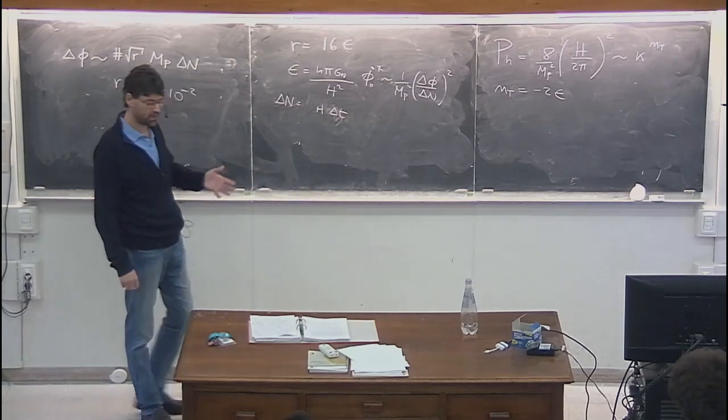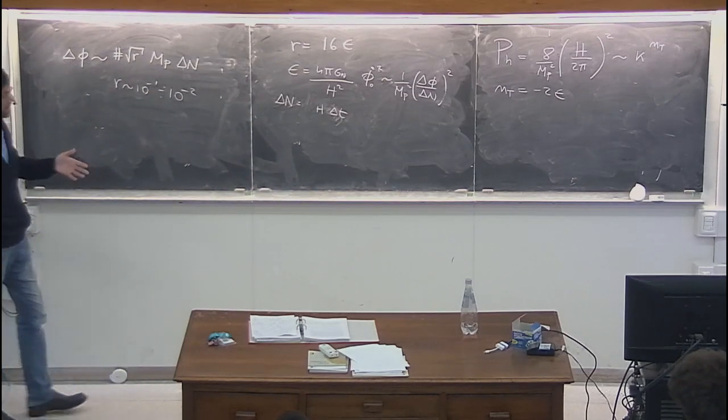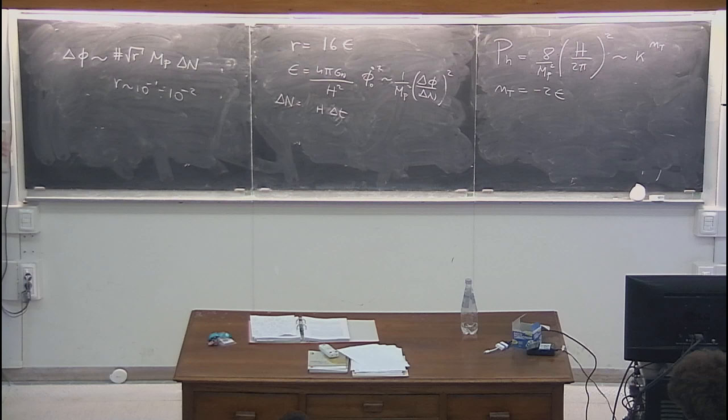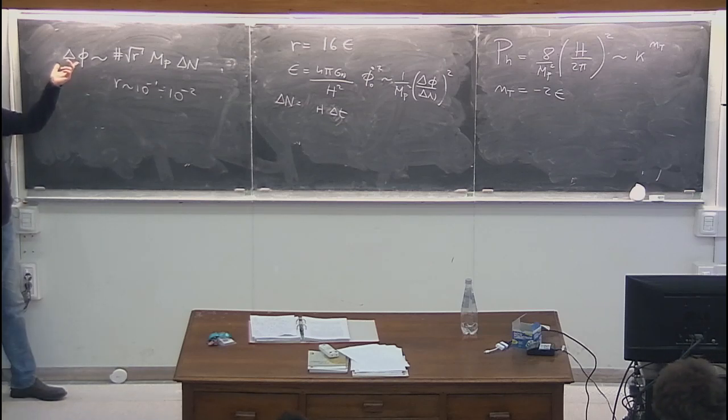The argument is the following. Having hope in measuring a future amount of tensor modes implies, within single field models of inflation, that the inflaton field, whatever it is, has to be traveling for distances which, in units of M Planck, are over unity.